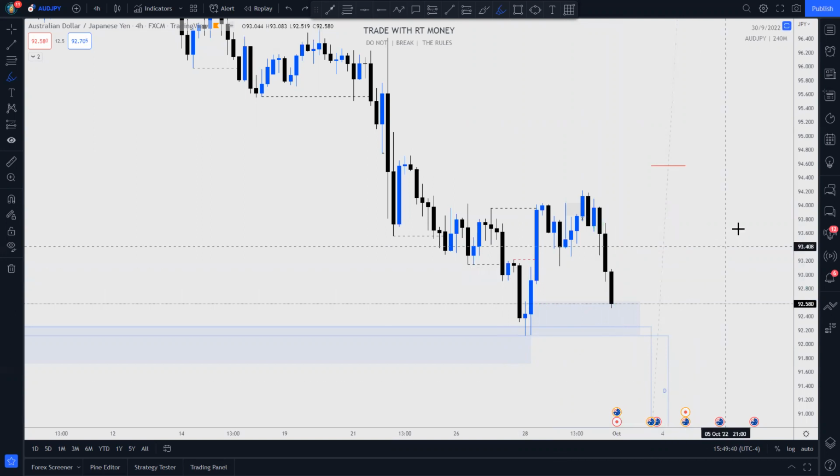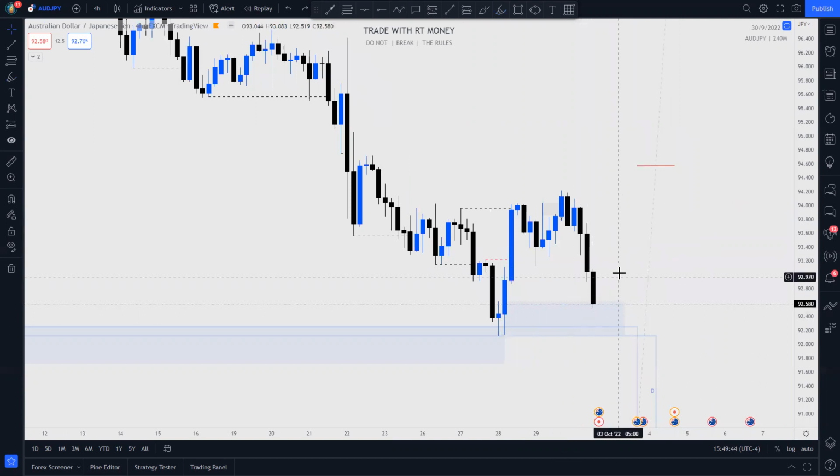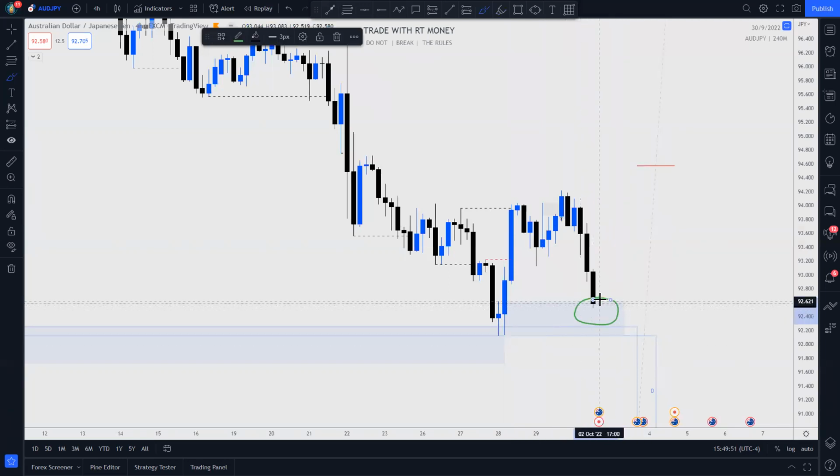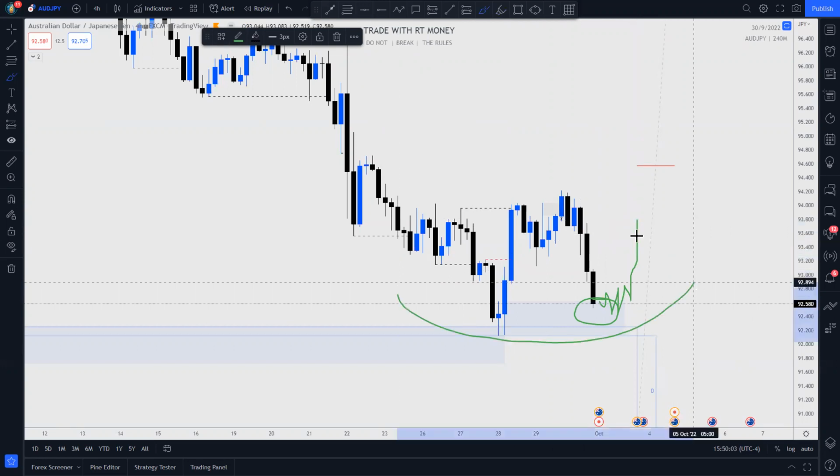If it does, and if it times well with the interest rate decision coming out for the Aussie dollar, we're going to look for bullish price action here, and quite possibly the higher low will be established, and we can take this trade to the upside.